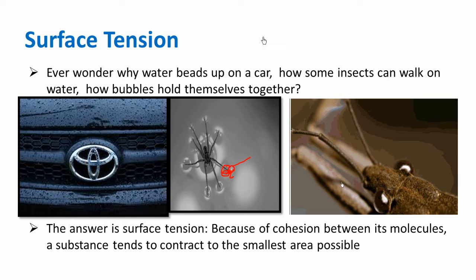So definitely there are two forces in the molecules. The first one is cohesive forces, which is nothing but the attraction between the same molecules. If you take these water molecules, the attraction between these two molecules is cohesive attraction.